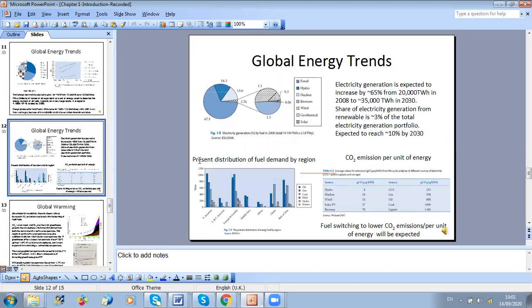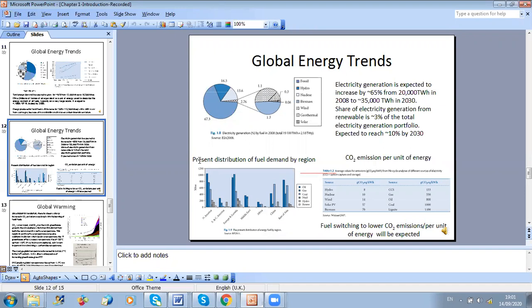So electricity generation is also expected to increase by nearly 65%, from 20,000 terawatt hours in 2008 to 35,000 terawatt hours in 2030. So it's a huge increase in electricity consumption. And currently, the share of renewables in electricity generation in 2008 here was 3%. So we are only using 3% of renewable energy to produce electricity, and this is a very small amount.